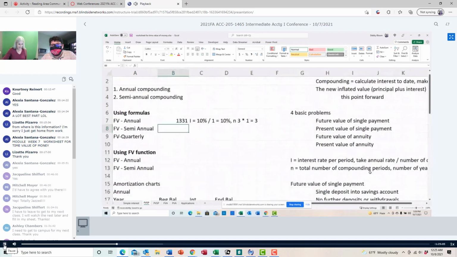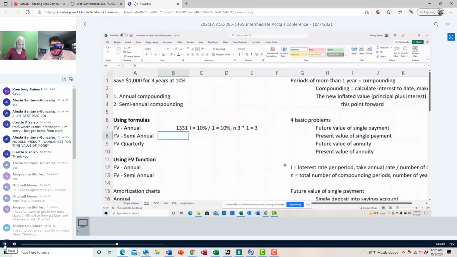Okay? Now, if we're going to solve the same problem, 3 years at 10%, but can you now look at the formula for the FV annual again? Sure. I apologize. Yeah, it didn't work for me either. No problem. Go ahead. Can you see it now?